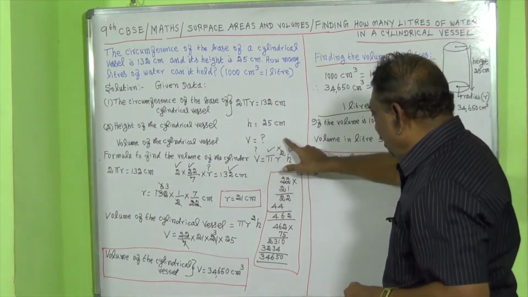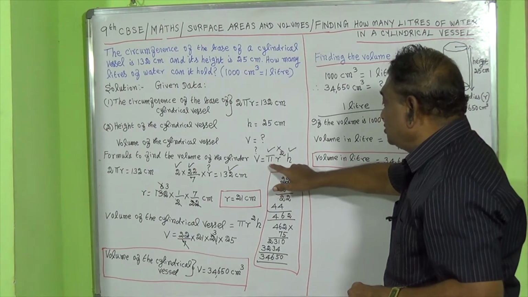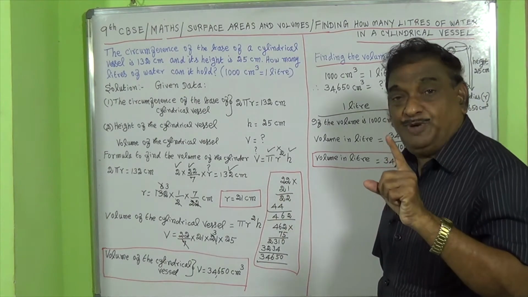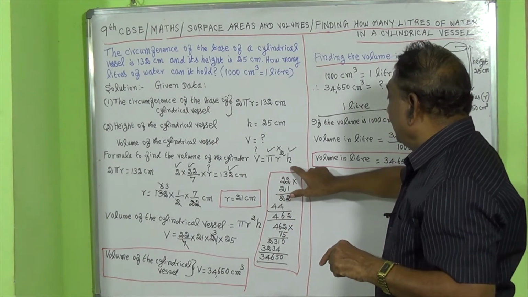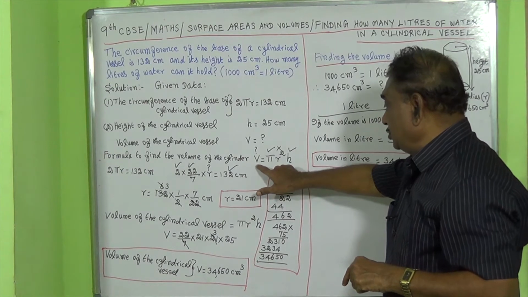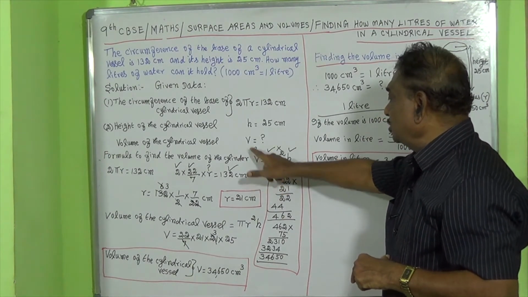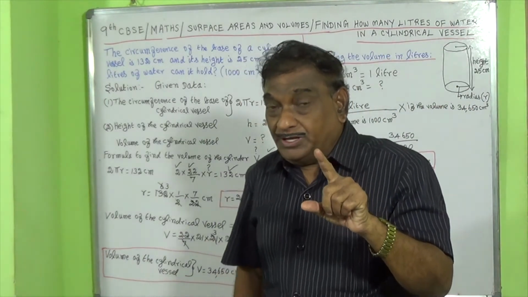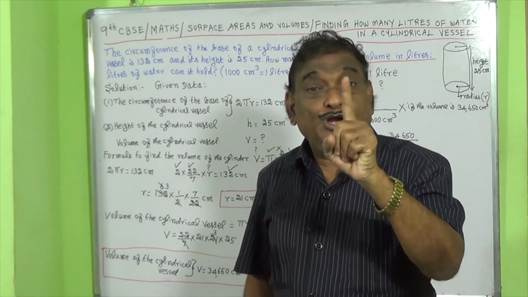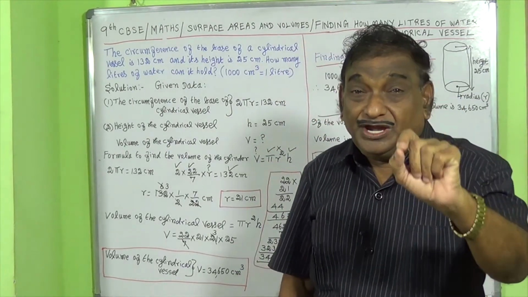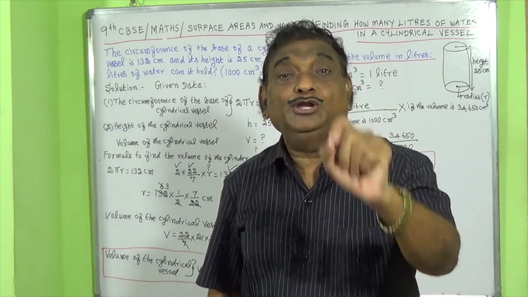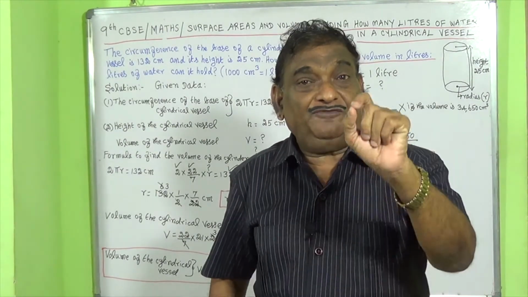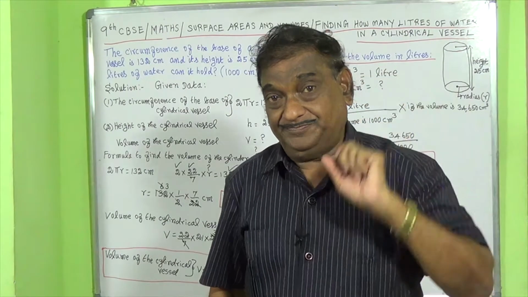On seeing this equation, pi is the constant. The height has been provided. The volume is asked, so I am writing the question mark. I have already told many times, from one equation we can find the value of only one unknown, subject to the condition that we know the values of all other data.